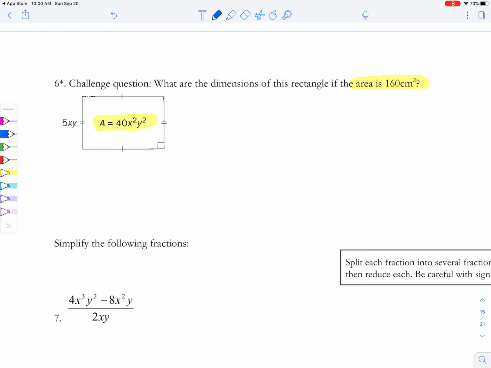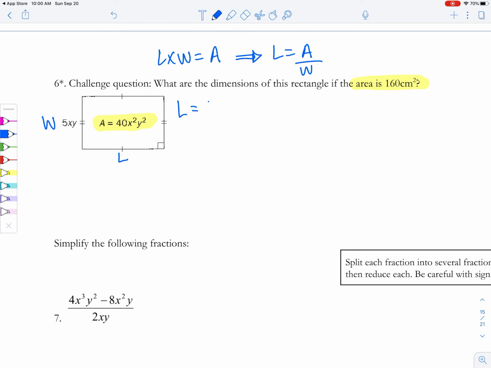If I have my length and this is my width, let's do it a different way. Just to start, we know that length times width equals the area, right? If we're trying to find the length by itself, we could write that length equals area divided by width. I'm going to do it like that because that should make it a little bit easier.